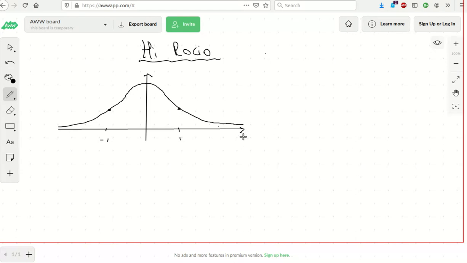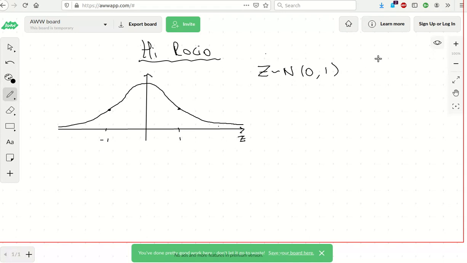Now, let's call this the z-axis as well, because this is the standard normal. So we could say z is normally distributed with a mean of 0 and a standard deviation of 1. And these are z values, if you like, but really they stand for the number of standard deviations you are away from the mean. That is a standard normal, and it is the only one the tables refer to. I know you printed out a copy of the tables.